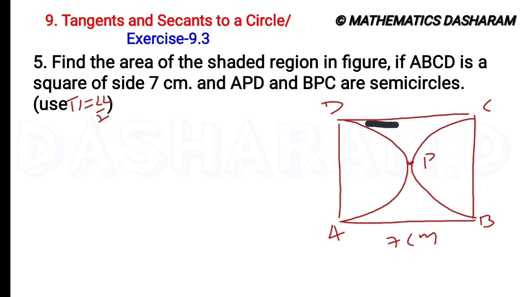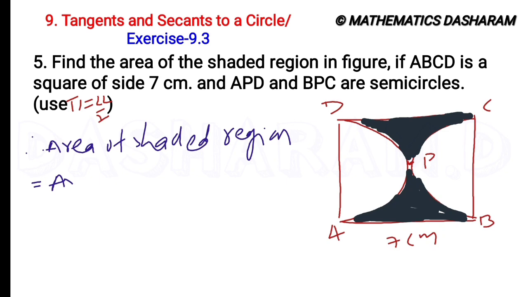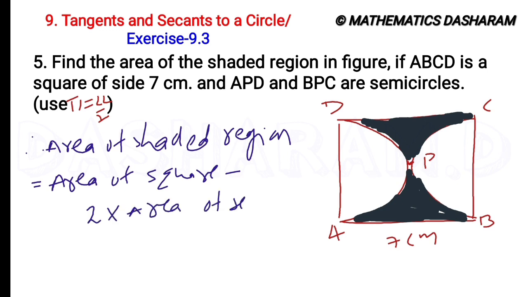So find the area of a shaded region. So this is the area of a shaded region. So therefore area of a shaded region is equals to area of a square minus 2 into area of semicircle.